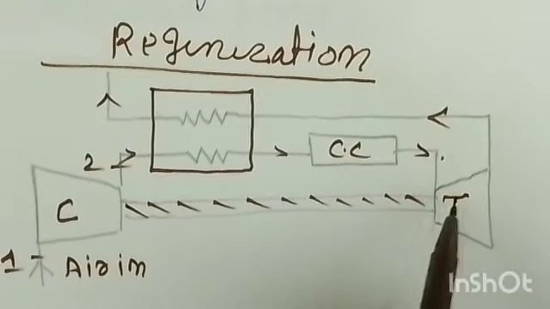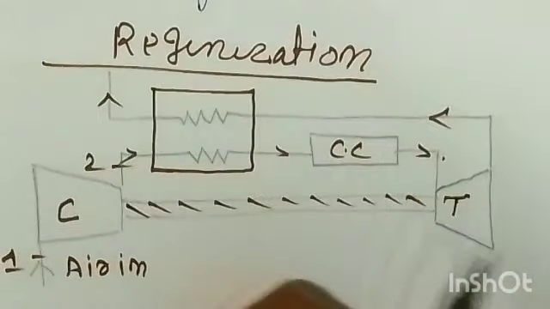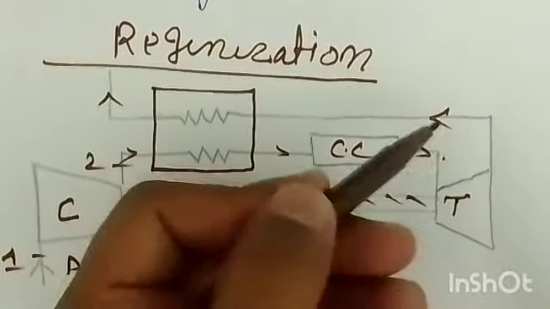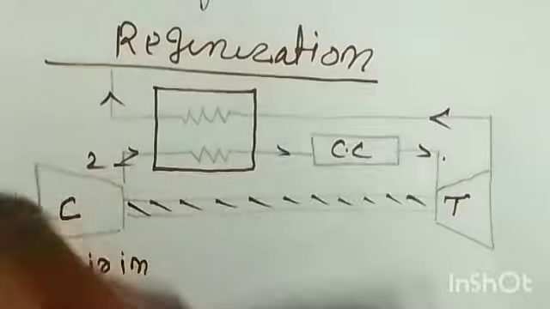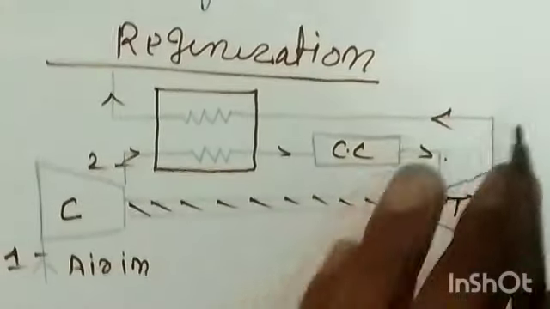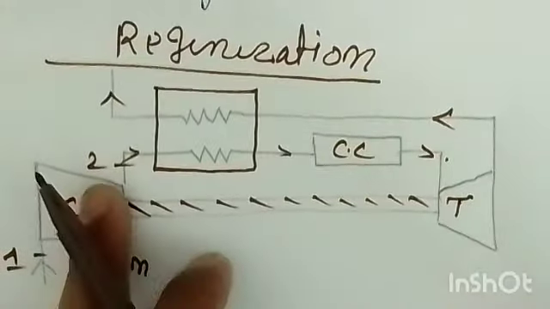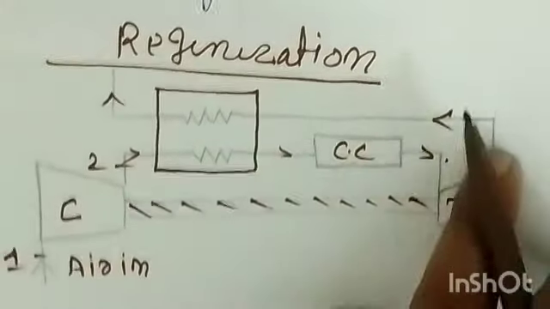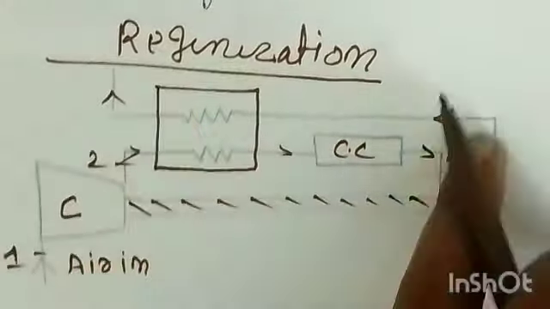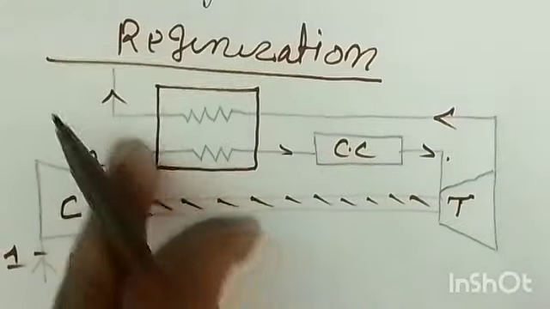After expansion in the turbine, the gases leaving the turbine exit have high temperature and pressure, and their temperature is more than the temperature at 2. So why don't we reutilize? We are reutilizing these exhaust gases, and then we couple them. Here we have a heat exchanger.